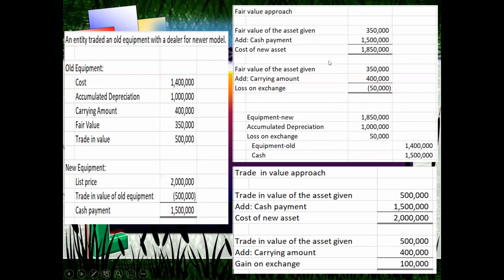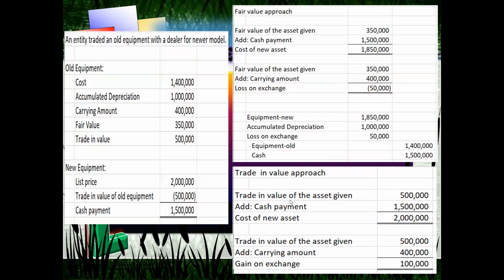Now, pag hindi naman available yung fair value ng ating equipment, or old equipment, so yung basis natin will be the trade-in value of the old equipment. So here, example, kung hindi given itong 350,000, so ito na lang 500,000 ang ating basis.